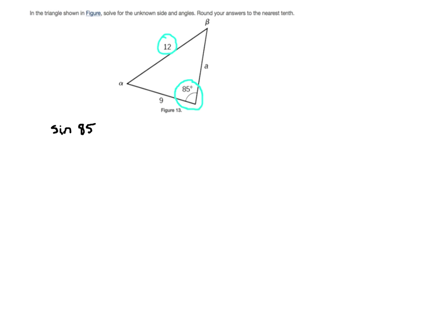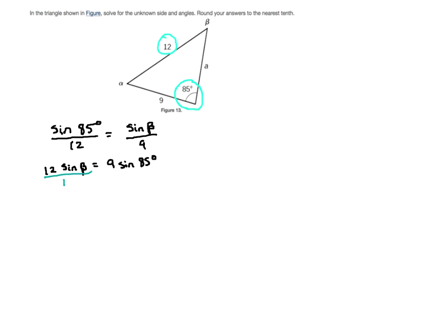The sine of 85 degrees divided by 12 has to equal, we'll just start with beta, the sine of beta divided by 9. I cross multiply and get 12 times the sine of beta equals 9 times the sine of 85 degrees.